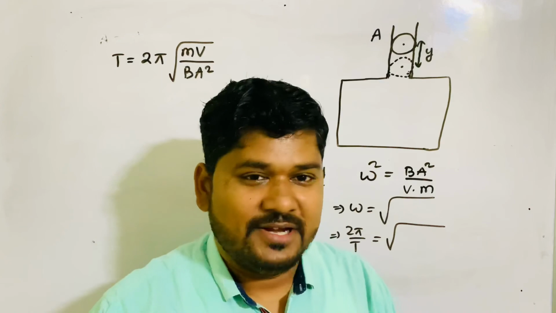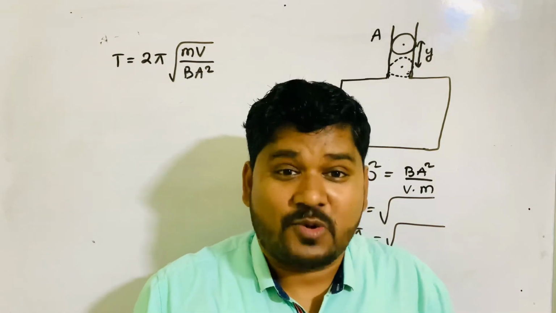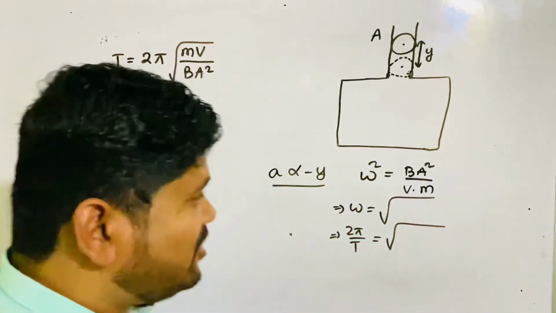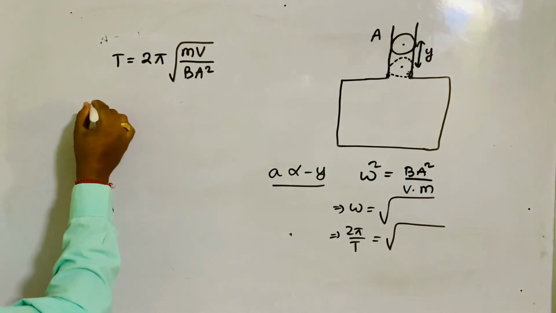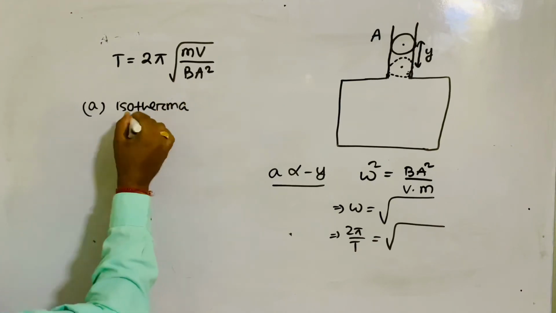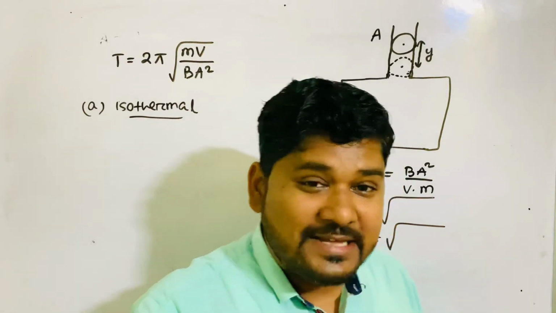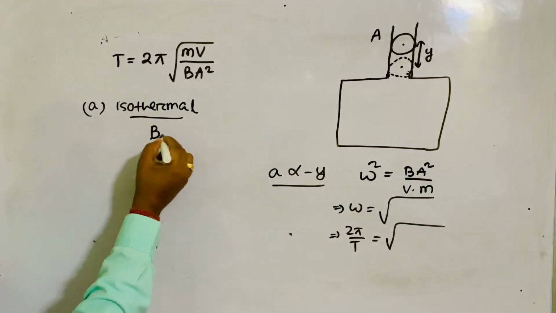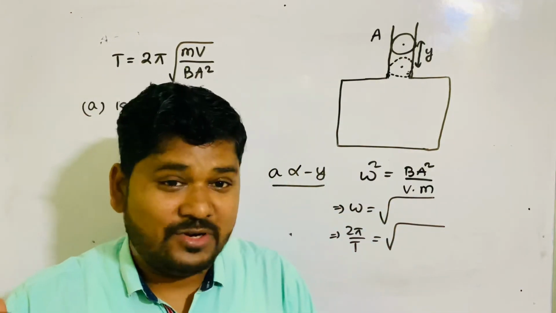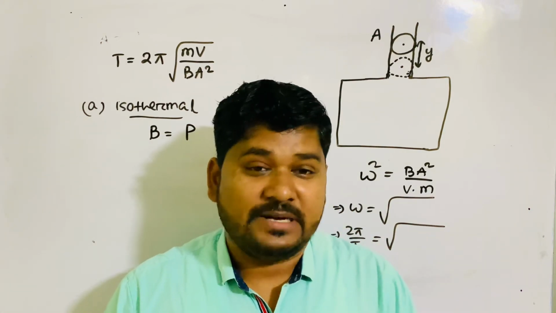But one thing, when you do this process, this also becomes a thermodynamic process, because pressure and volume changes mean a thermodynamic process. When you do it, you may do it isothermally. If you do it isothermally, remember B is equal to P. That I am not going to derive because you already know it from the wave chapter.